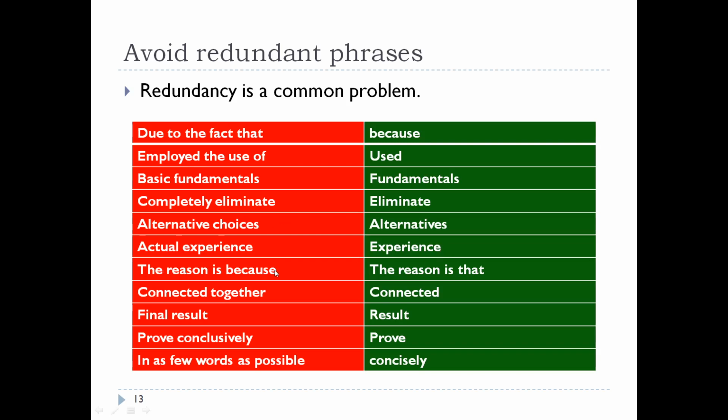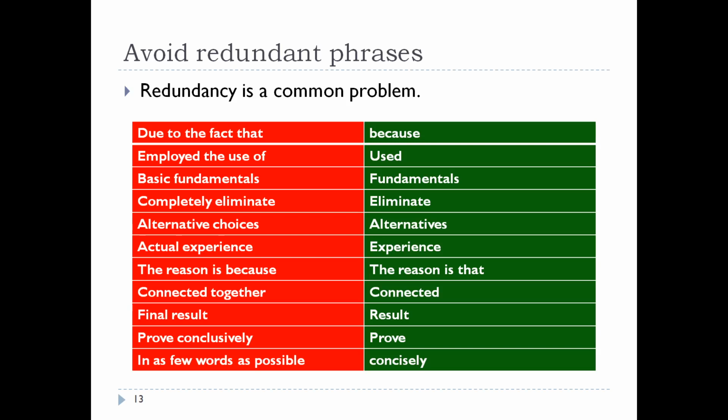The reason is because. Okay, now here we are not reducing words, but we are reducing redundancy in meaning. So the reason is that, because, and the reason is, they are basically conveying the same meaning. Connect it together. If something is connected, then it is together. So you can simply say connected. Final result, result.